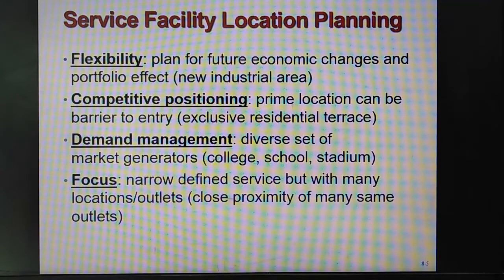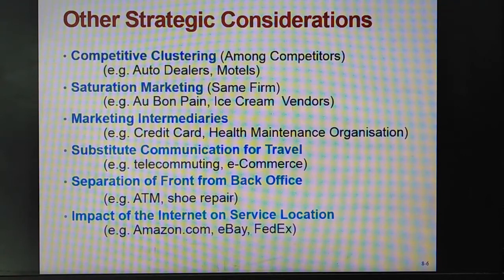And last but not least, service facility location planning depends upon the focus. Focus means you have to narrowly define the service, but with many service outlets. For example, you focus on fast food service, but you offer many outlets within a single location.